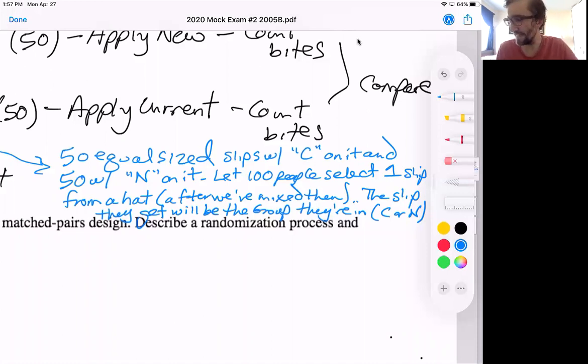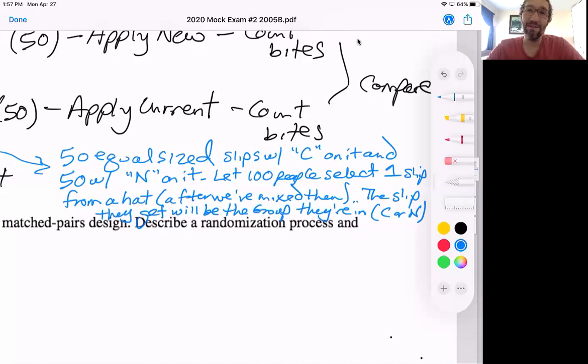You don't have to use C and N. But on single blind, the people themselves wouldn't know what treatment they're receiving, or, important thing here, the people who are counting the number of bites wouldn't know what treatment they received. So if one of those groups don't know, it's single blind. If both of those groups don't know what treatment they received, then it's double blind.